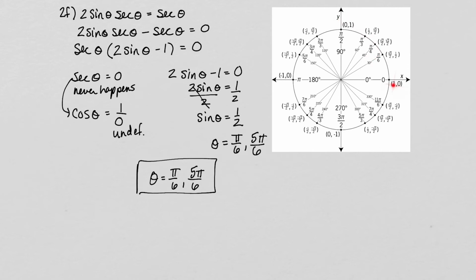So there is no place on here, right? There are x values at all these places. So the cosine of theta is always defined. So there's no place where the cosine of theta is undefined. So the secant of theta can never be equal to 0. You could also remember the secant graphs, and that middle band of the secant graph was completely blank. So there was never a place where it was equal to 0.